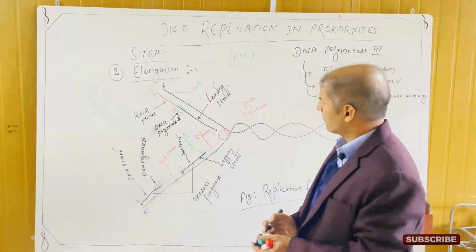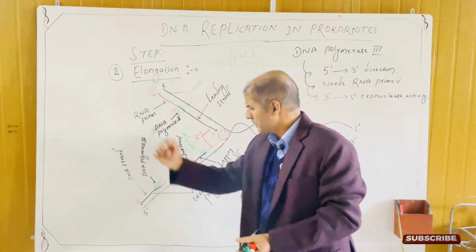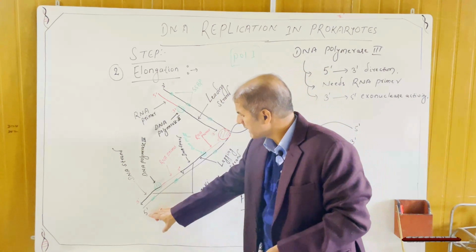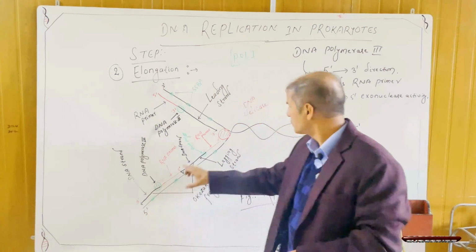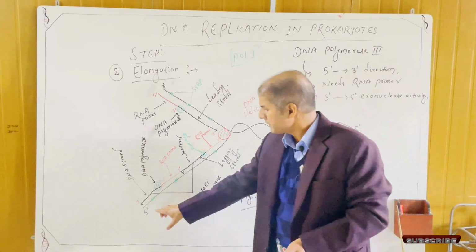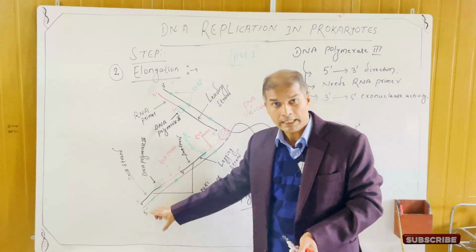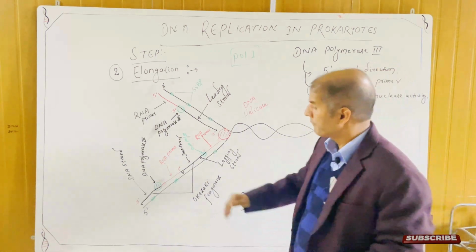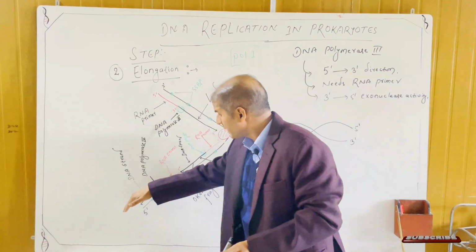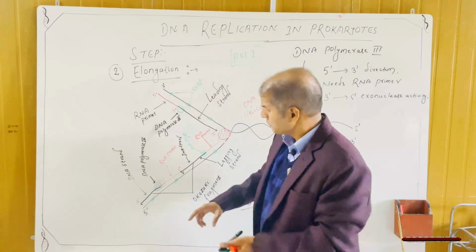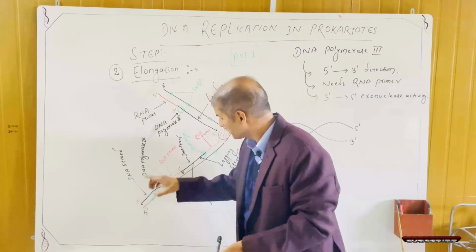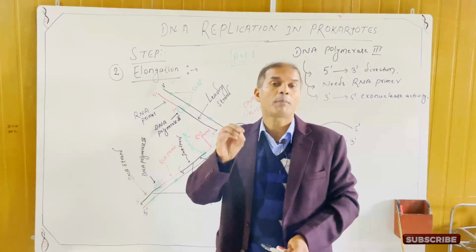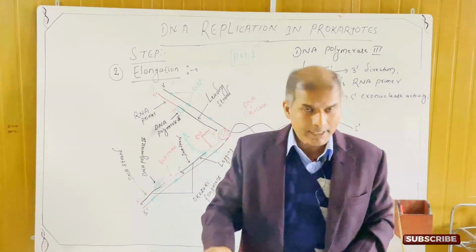Now coming to the other strand, the major problem is at the strand which moves in which direction? 5' to 3' direction. We know that the parental strand which moves in 5' to 3' direction will get a new strand in 3' to 5' direction. The synthesis of new strand in 3' to 5' direction is not possible by DNA polymerase III.